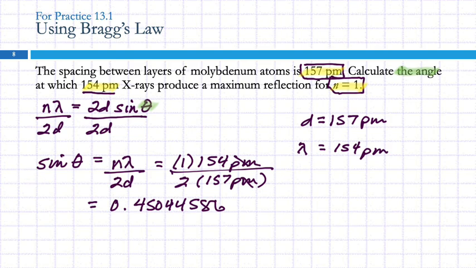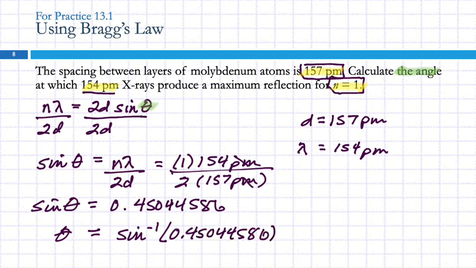Sine is a function. You can't divide by a function. You can just do the opposite of the function. So the opposite of sine, the inverse sine, which is on your calculator sine to the minus 1. So this is sine of theta. So then theta is going to equal the inverse sine of that number.